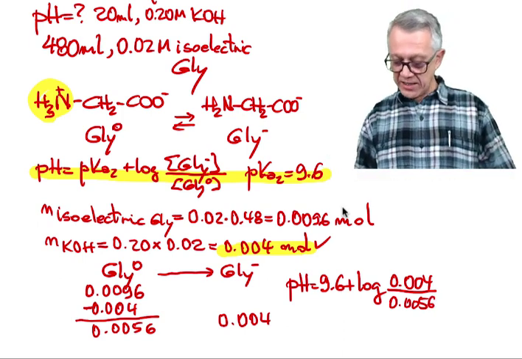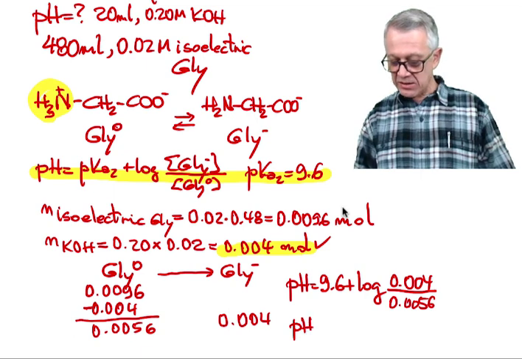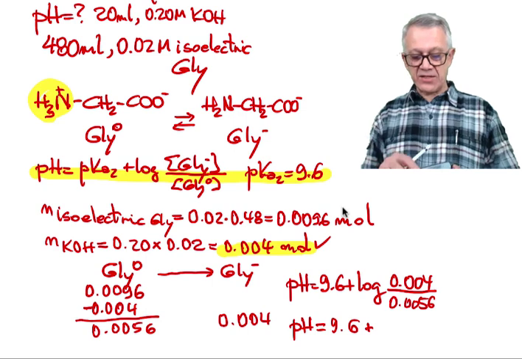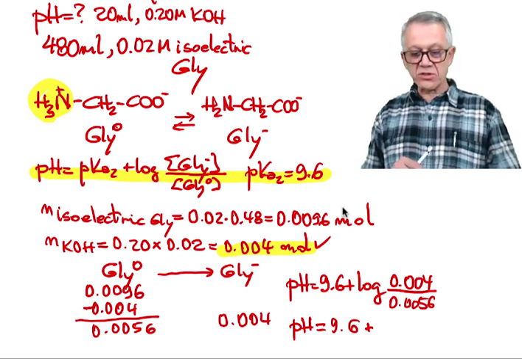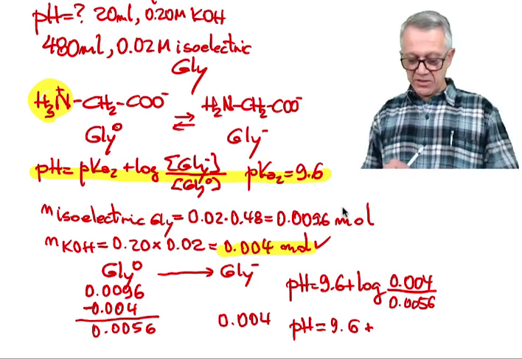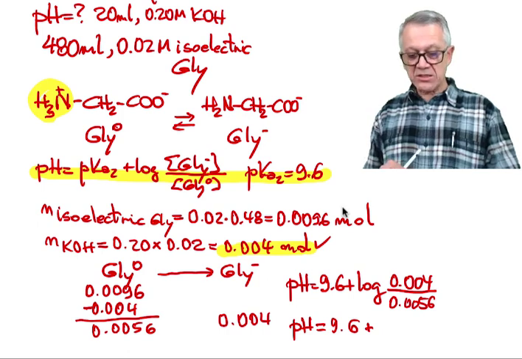Okay, so let's do it like that. Let's calculate the pH equal to 9.6 plus the log of that number. Let's see what's the log of 0.004 divided by 0.0056.